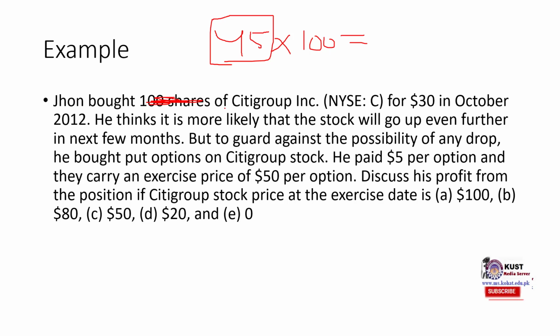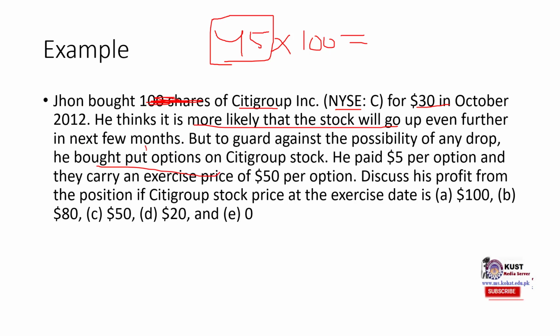So John bought shares of Citigroup, listed on the New York Stock Exchange, for $30 in October 2012. I think it is more likely that the stock will go up. You can get from this sentence that John is of the idea that the market is bullish and will go up even further in the next few months, but to guard against the possibility of any drop, he bought a put option.